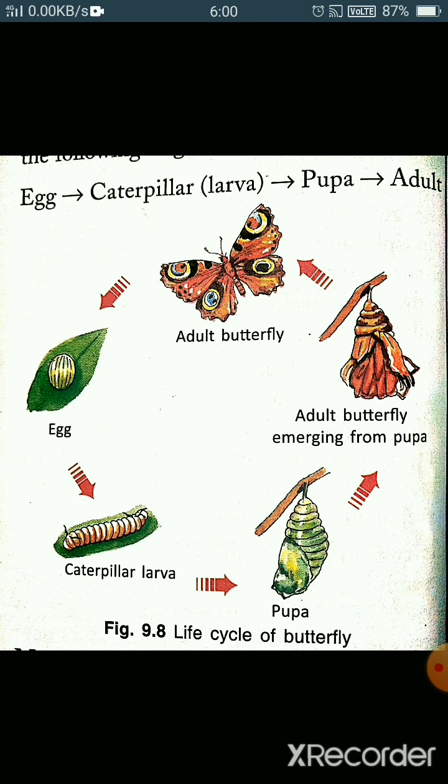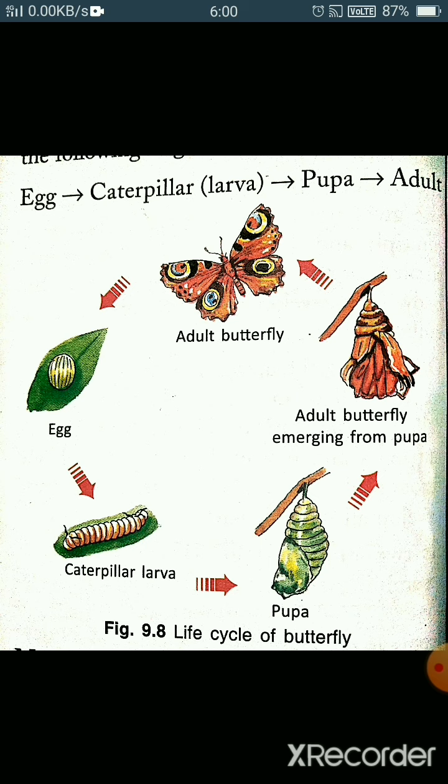So inside the cocoon, the pupa undergoes changes and grows into an adult butterfly. So it comes out by destroying the cocoon which it forms around itself, and the change in the shape and form from larva to the adult is called metamorphosis.